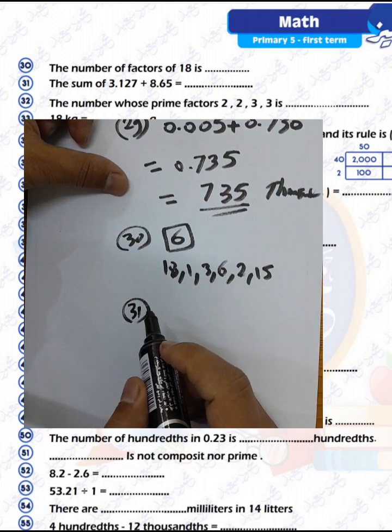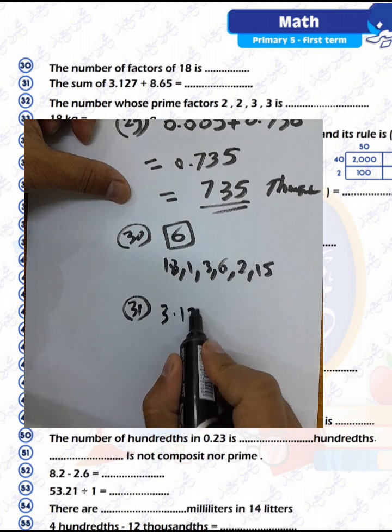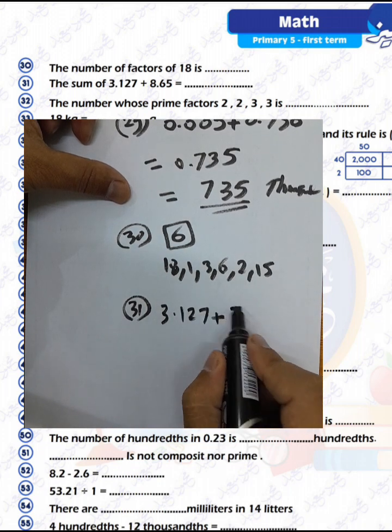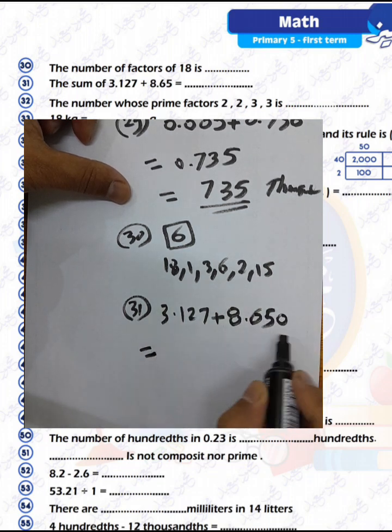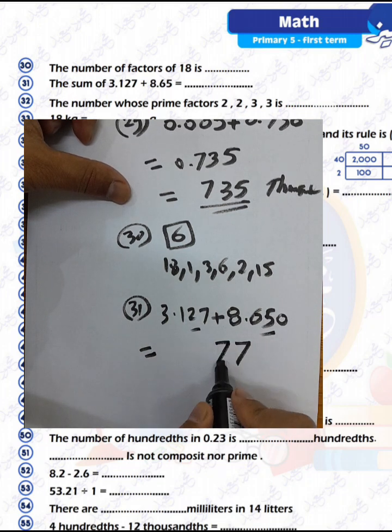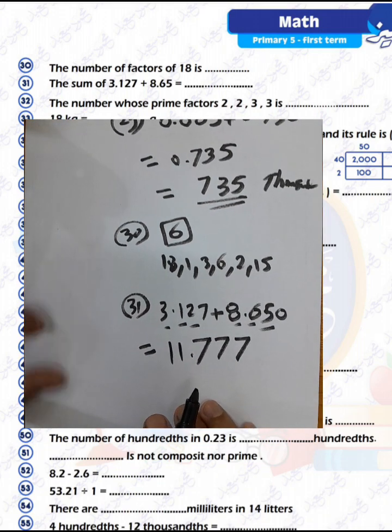Question 31. The sum of 3.127 and 8.65, we must put 0. 0 plus 7 equals 7. 5 plus 2 equals 7. 6 plus 1 equals 7. 8 plus 3 equals 11. That was question 31.